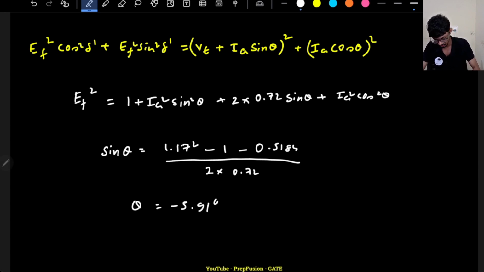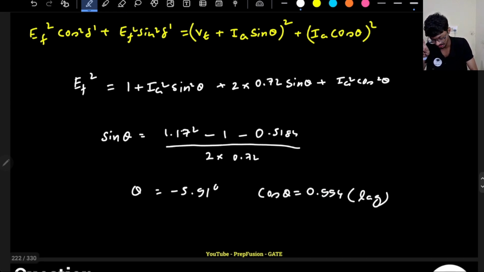So what will be cos theta? It is almost unity only, 0.994 lagging. Very important: your theta is negative because your current lags the voltage.